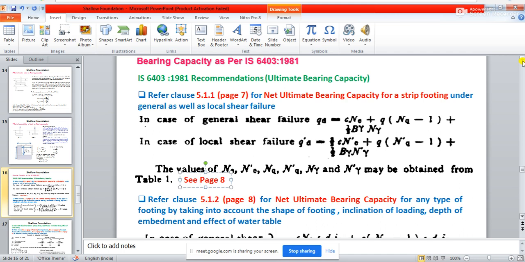How the code has taken care of the shape of the footing, depth of the footing, inclination of the load, and water table, how it has taken these into consideration in its formula, we need to understand clearly, and we will be discussing it in the next classes.